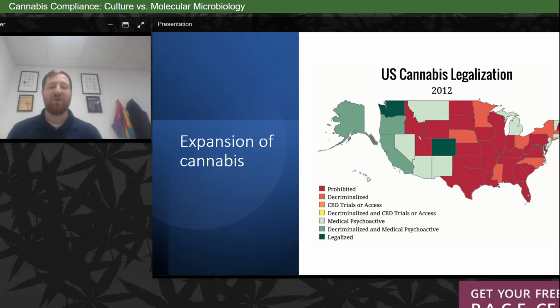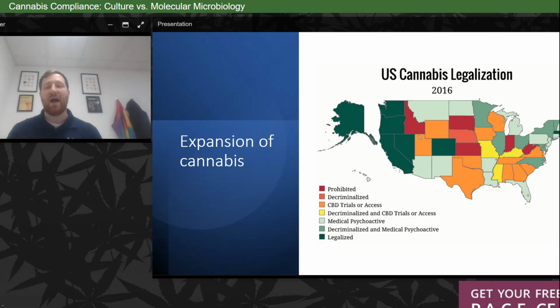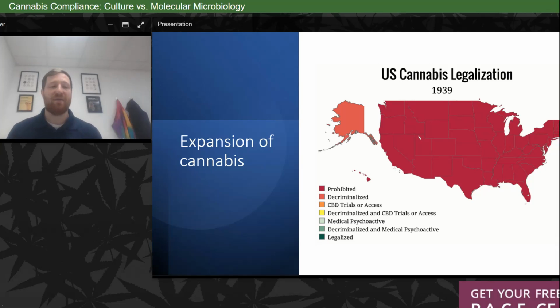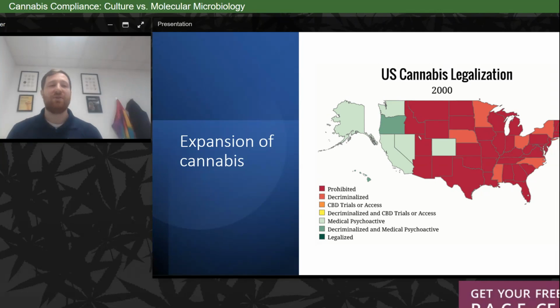I really enjoy this little diagram of the United States. It shows how far we've come. I think it stops at 2016, and we're in 2024 now, and we're already talking about more medical opportunities and recreational, adult-use opportunities.